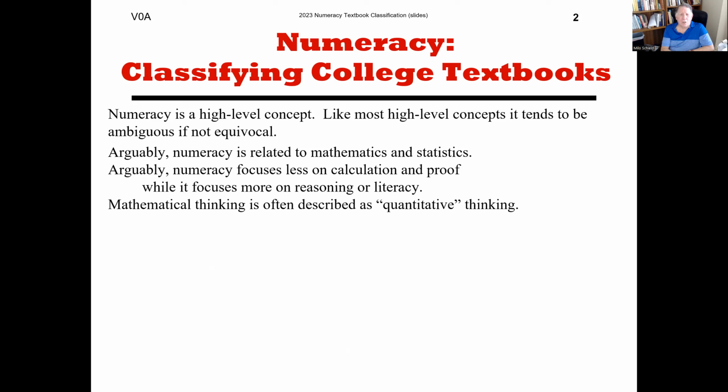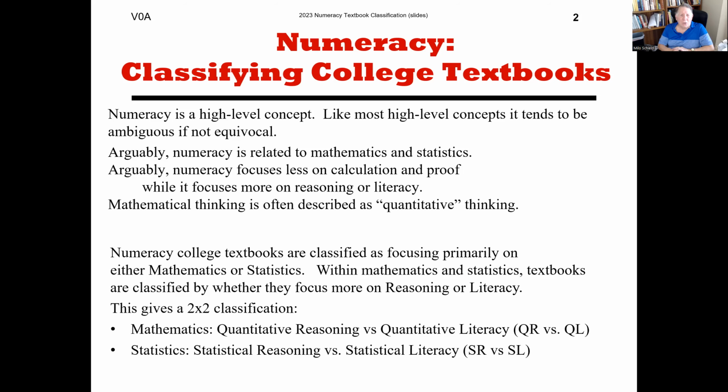Now, I want to take that background and work it into a 2x2 classification scheme. So let's start with a primary classification of numeracy textbooks. That's my population. I've chosen 11 textbooks and classify them focusing primarily either on the mathematical approach or the statistical approach. Statistics working more with data, mathematical working more with functions, distributions.